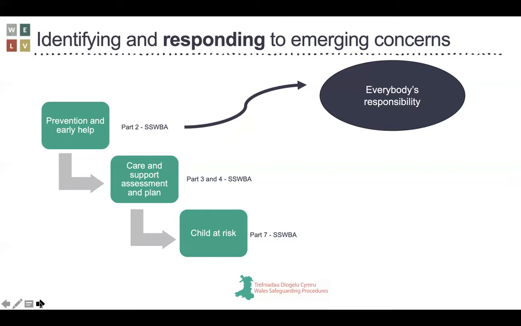And finally, it could be that the response required to emerging concerns is at the level of Part 7 of the Social Services and Wellbeing Act, because we see a child at risk. And this is where the safeguarding procedures then come into play.